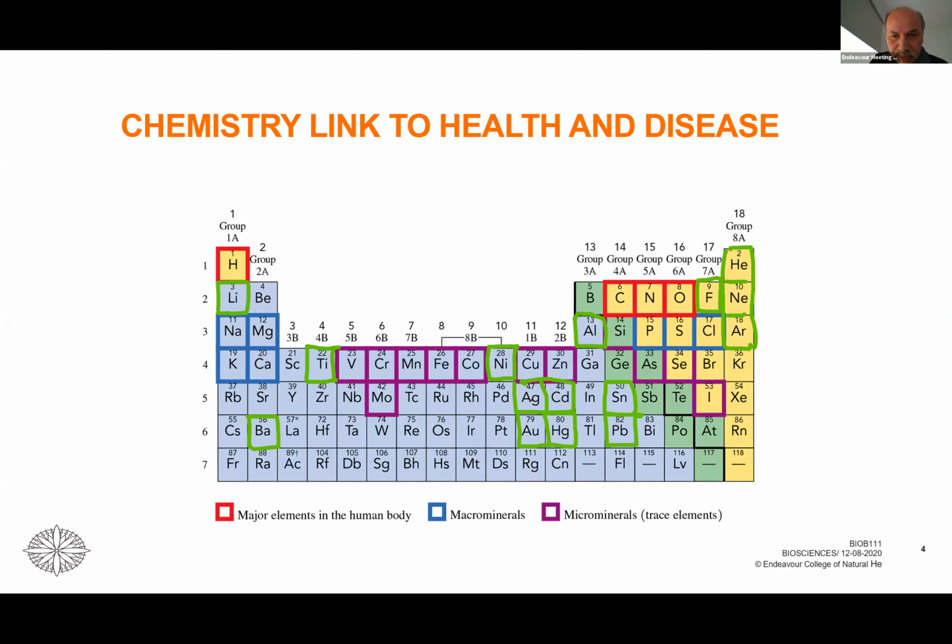Ag for silver, argentum. Cd for cadmium. Is cadmium good for health? No. It's a heavy metal, it's a poison. Au for aurum, Hg for mercury, hydrargyrum. See, some of these words are not English, as you can see.